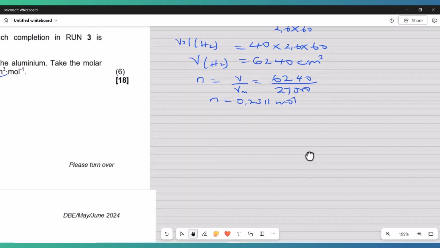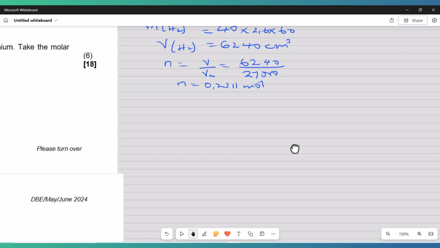So let me check it out now. If I say 2 moles of aluminium produce 3 moles of hydrogen, the mole ratio is 2 is to 3.